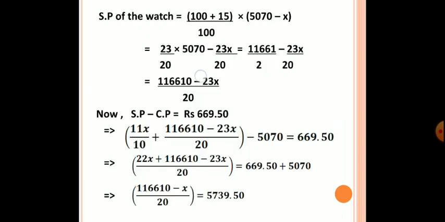Similarly, the selling price of the watch is (100 plus 15) divided by 100 into (5070 minus X), which is equal to 115 divided by 100 into (5070 minus X). So 115 and 100 are reduced to the lowest terms.